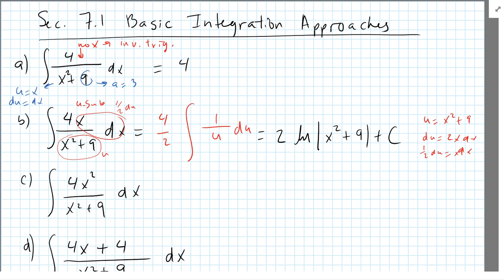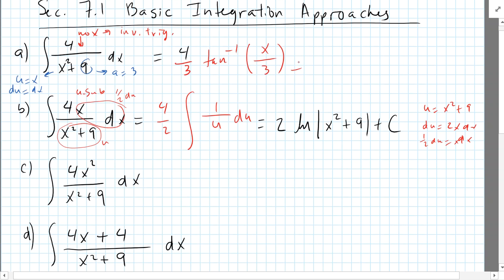And my a is 3, and I know for inverse trig that I have to go 1 over a, so I'm divided by 3, and then it's going to be tangent inverse of whatever my u is. In this case, my u goes back to the x, over a, which is 3, plus c.